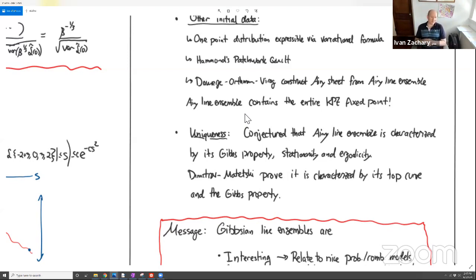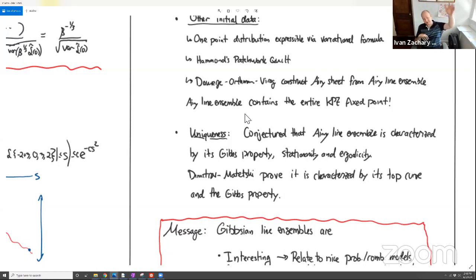Now, if you can prove such a thing, it would be nice, because then it gives you a way to prove that things go to the Airy line ensemble without needing to study formulas, by proving that properties converge, like for the KPZ line ensemble. Let me mention a really nice recent result in this direction of Evgeni Dimitrov and Konstantin Matetski, which proves a different uniqueness characterization. It proves that if you have any non-intersecting Brownian Gibbs line ensemble, the law of the top curve determines the entire line ensemble's law.